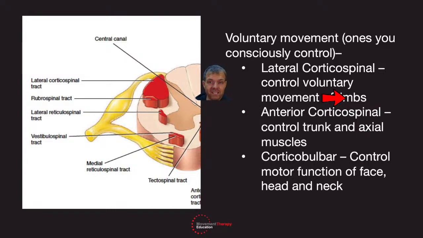Or it could be that when it receives its signal, there's an exchange that happens at the muscle of neurotransmitters, and it may be the neurotransmitters that aren't working and not getting to the muscle. So there's so many different things, again, that could be causing that muscle to test weak. It's not necessarily just this tract. Okay, there could be a number of other things.